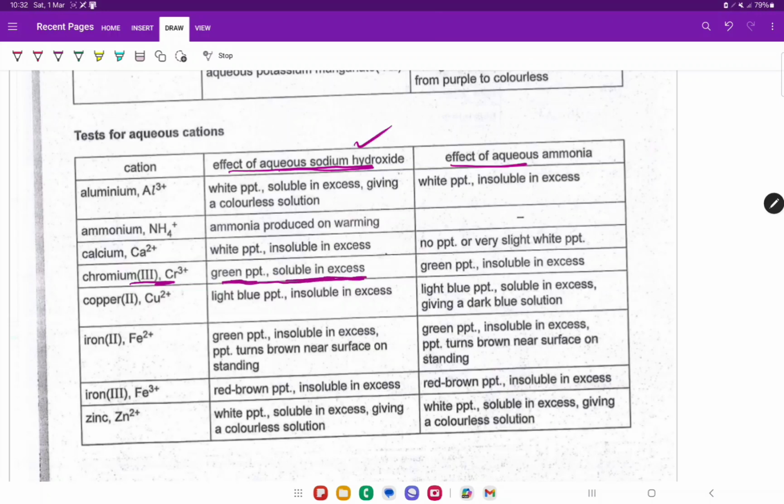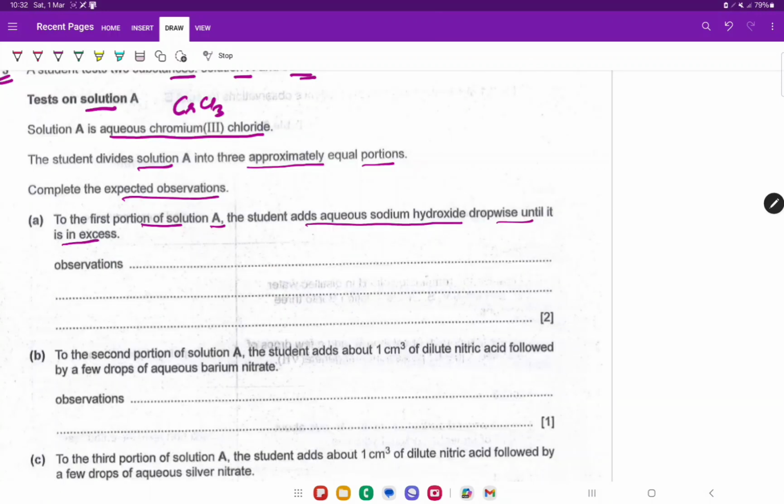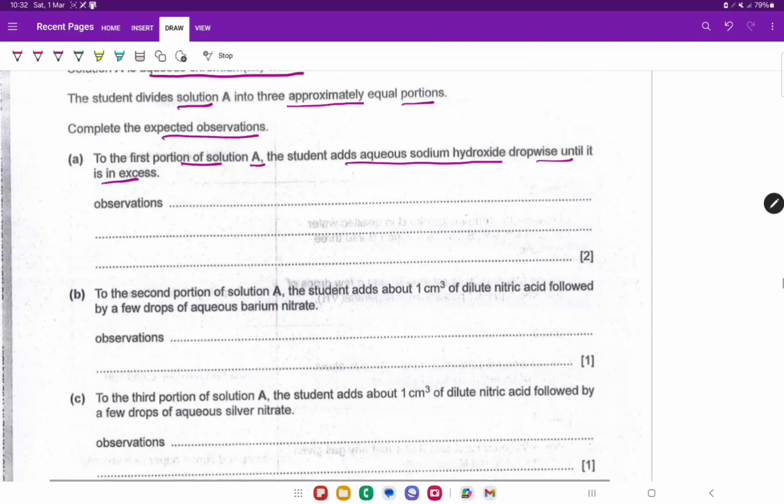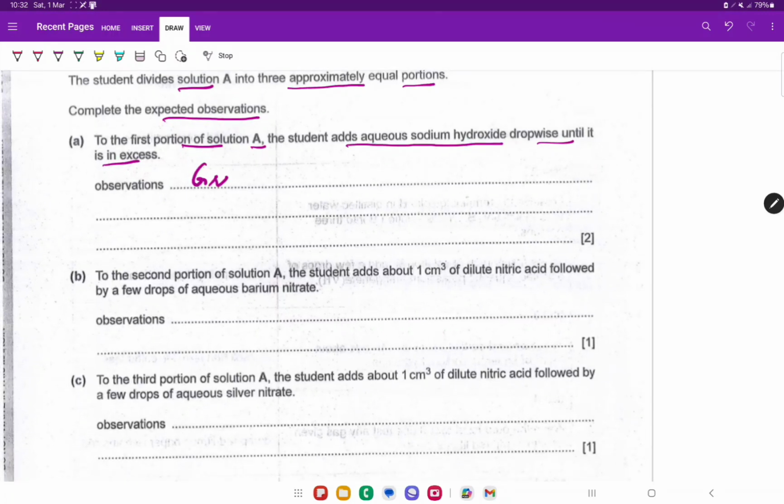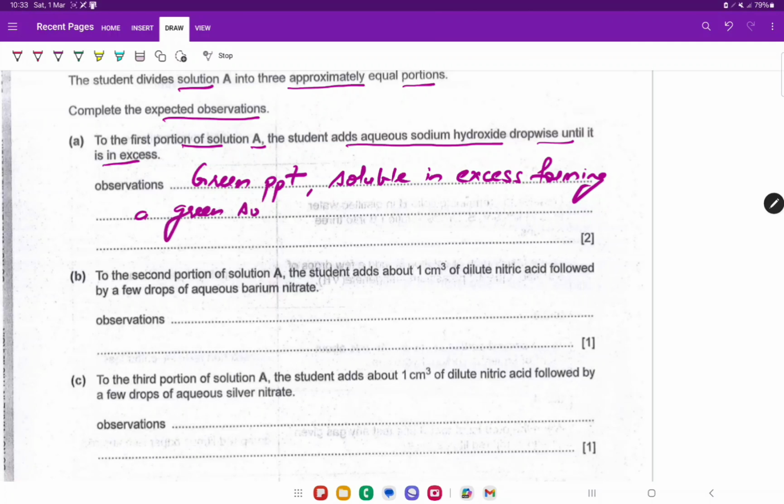So the observation is a green precipitate, soluble in excess, forming a green solution. This will be the answer.